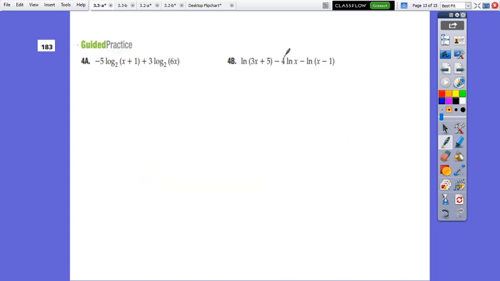From left to right, the factor in front came from the exponent. We can write ln 3x plus 5 minus ln x to 4 and minus ln x minus 1.